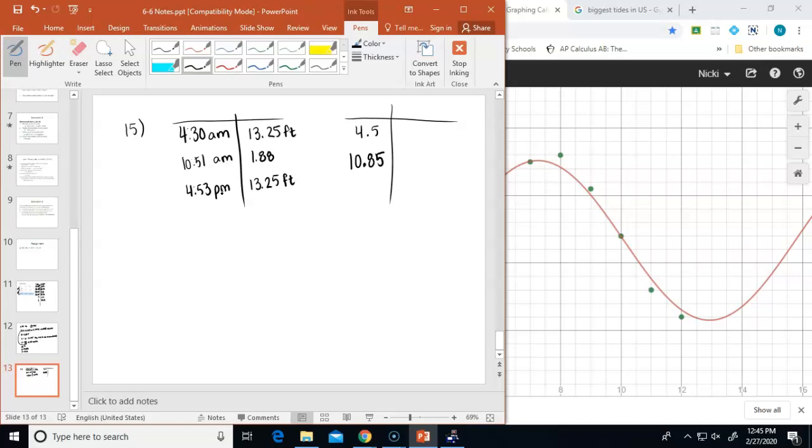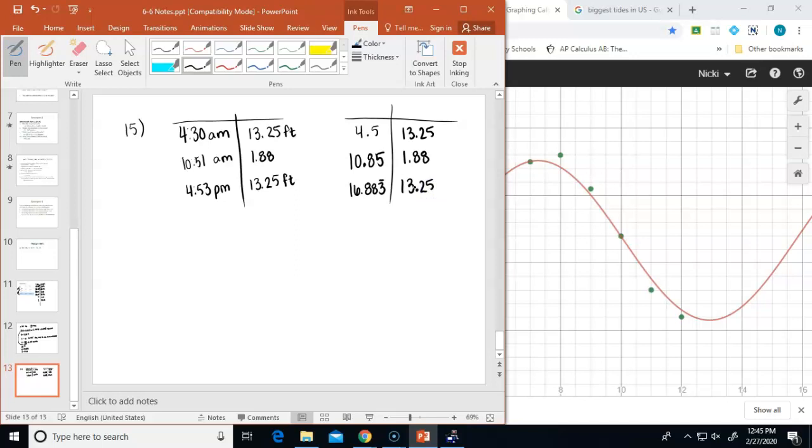But you're going to have to add 4 to that, and then also add 12 because it's p.m. So you need to go like military time. So 16.883 repeating. And so 13.25, 1.88, and then 13.25.